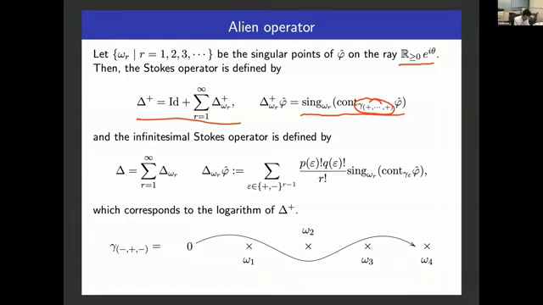When r equals 3, the path is gamma plus plus, and gamma plus plus denotes the path written here.